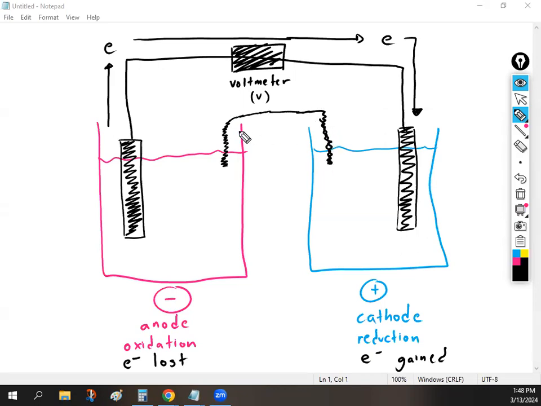And we'll talk about what the salt bridge does in a second, but this is your salt bridge. It is basically a piece of salt, okay, that connects the two. And that's pretty much what a galvanic cell is. Now we're going to talk about what happens more specifically in that, but that's a general principle.